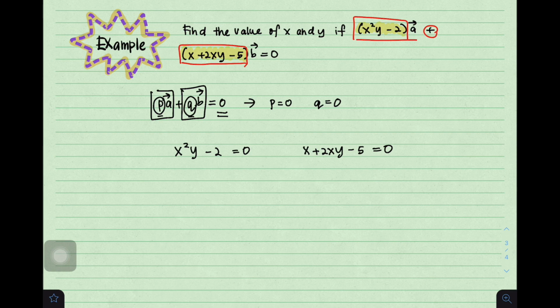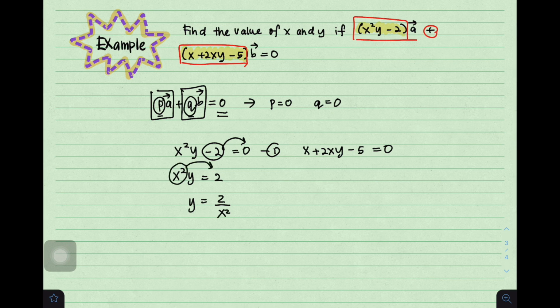Okay, so daripada equation yang pertama, awak dapat x square y equal to 2. Kita bawa negatif 2 pergi sebelah, dia jadi positif. So from here, y is equal to 2 divided by x square. So ni darab, bawa pergi sebelah, dia jadi bahagi.